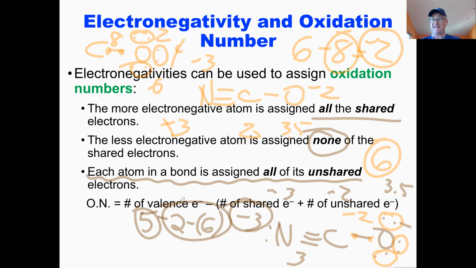For formal charge, it would get to keep half. It would get to keep 1 of those electrons from each of the bonds, and so it would have no formal charge. But for oxidation number, how many electrons does it get to keep? See rule number 1. The more electronegative atom is assigned all of the shared electrons. Is oxygen more electronegative than anyone here?